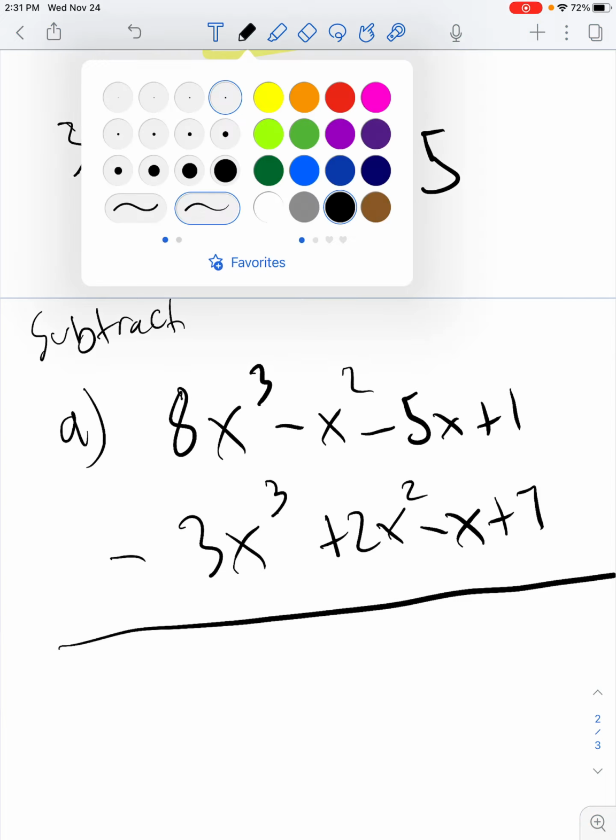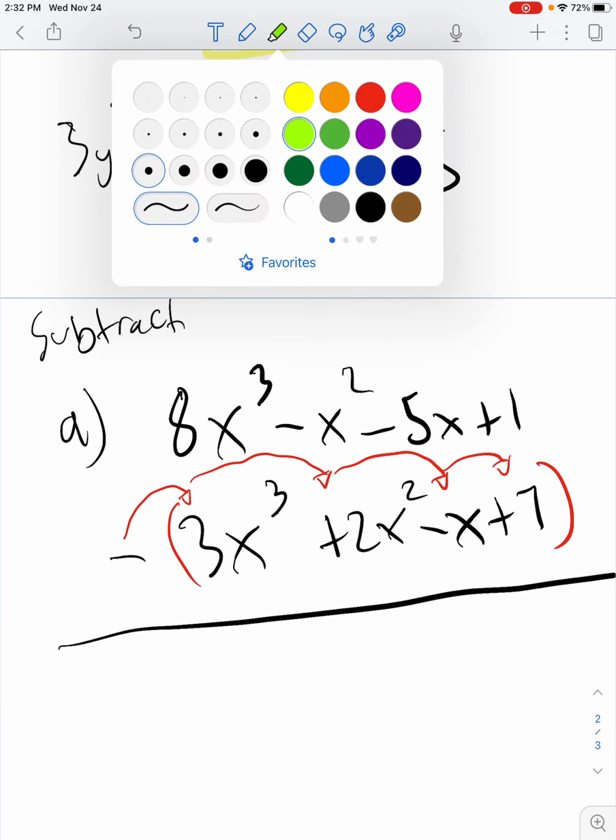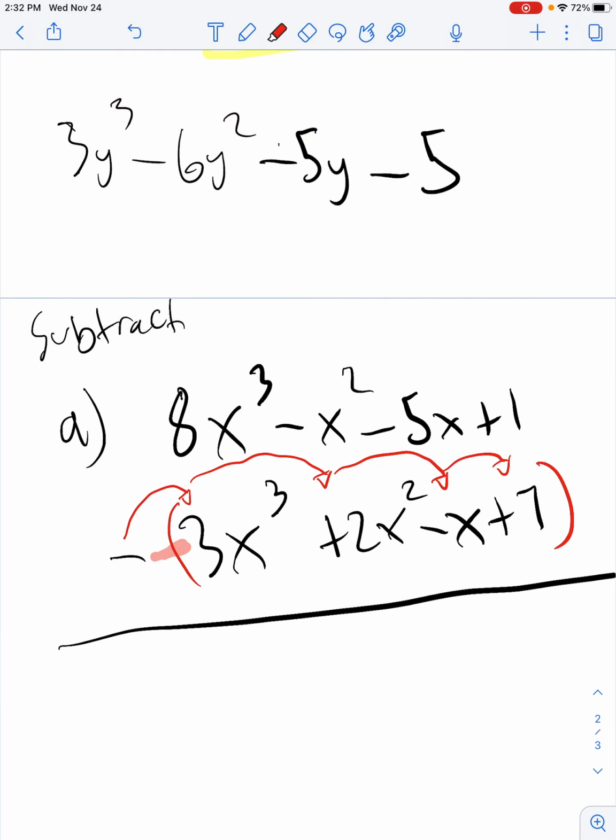But what you have to remember is that this whole section has parentheses around it, and this negative sign is going to be included onto each one of these. So really, this is like saying I have negative 3x to the third. This is like saying I have a negative 2x squared. Negative x is really a positive x, and this is like saying plus negative 7.